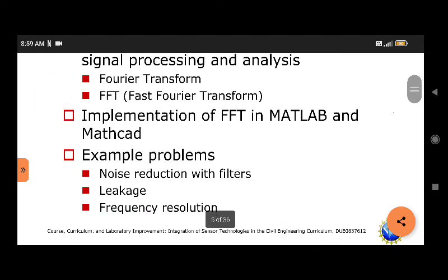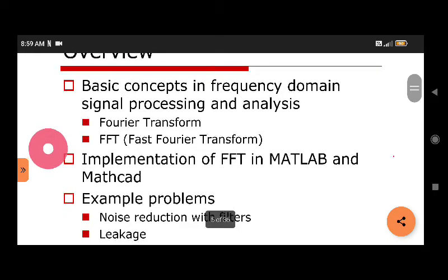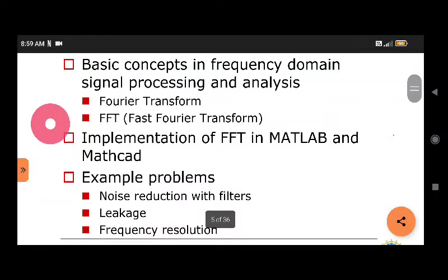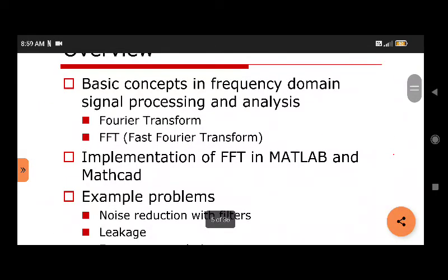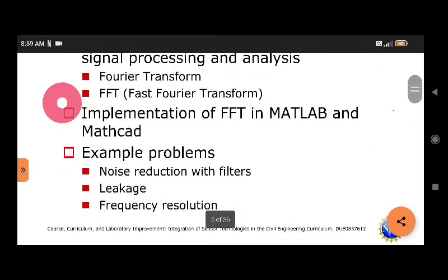Examples are noise reduction with filters, leakage, and frequency resolution. These are the problems which need to be solved using frequency domain signal processing. Majorly we will discuss the Fourier transform in this module.